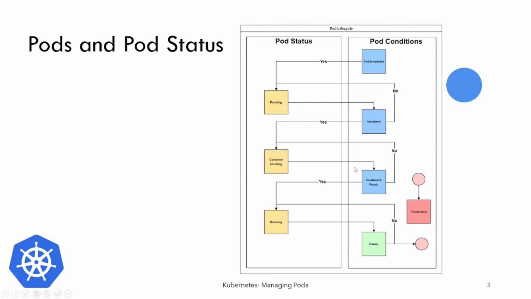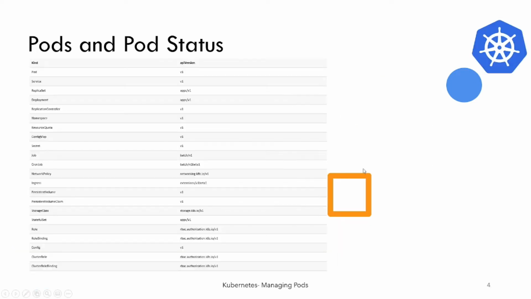While creating a pod, we have to provide the API version. As of this recording, the current version for creating a pod is V1. When we are creating a pod using the declarative way, that is using the YAML file, we specify the API version as V1.